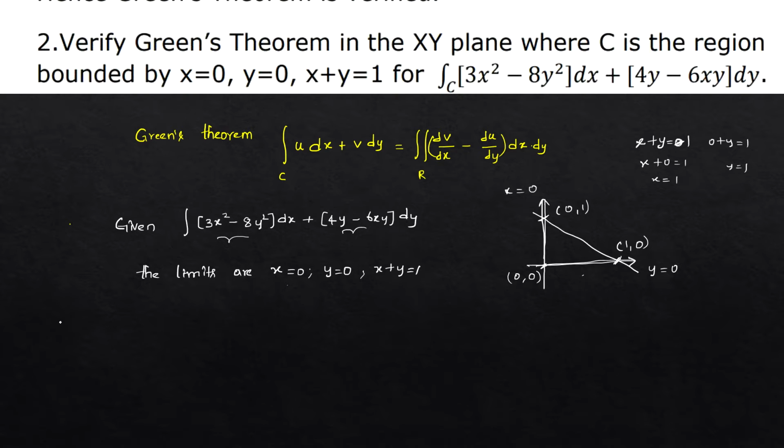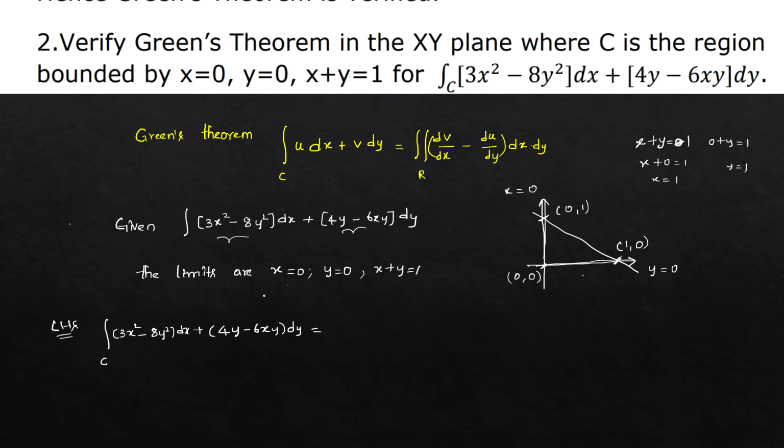Now write the LHS. What is the LHS saying? The integral over the closed loop of (3x² minus 8y²) dx plus (4y minus 6xy) dy is equal to, now we have to find the integral over the closed loop.